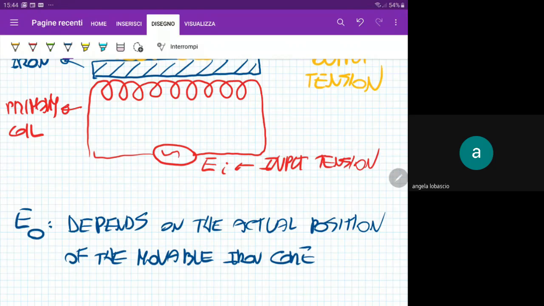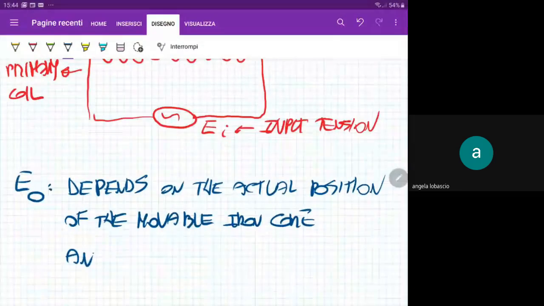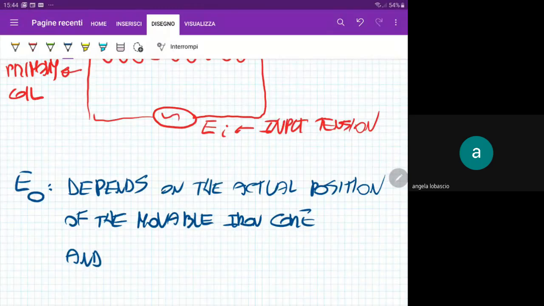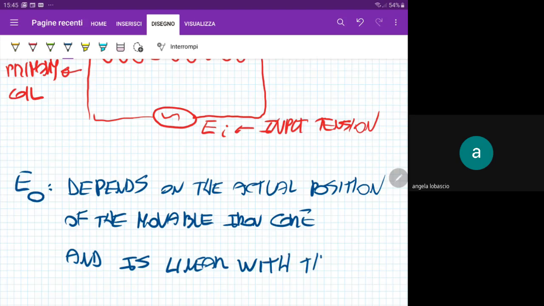And it could be proved, but it's not that difficult if you have some basic knowledge of the electromagnetic field. This output tension is linear with the position of the core.